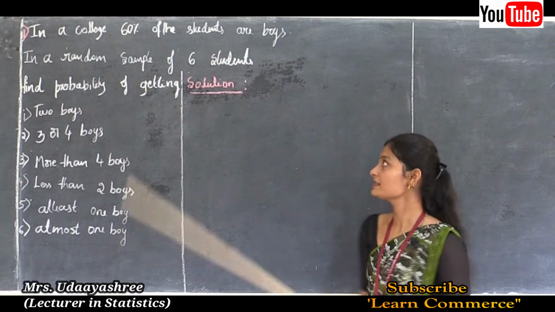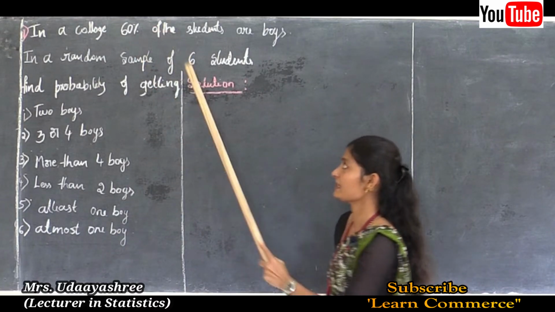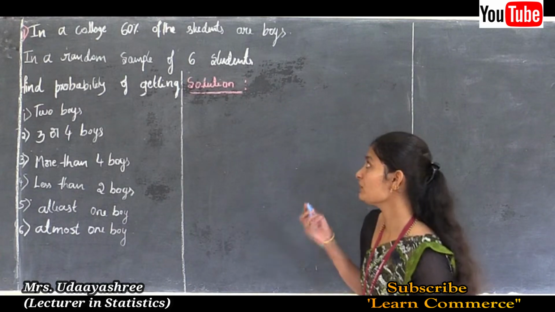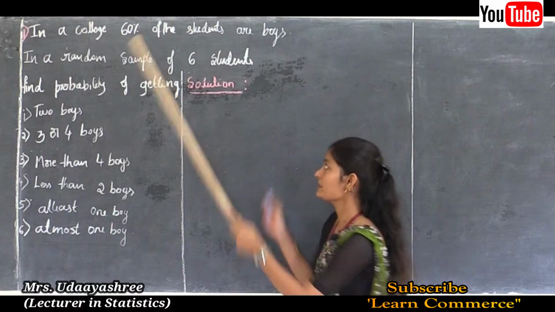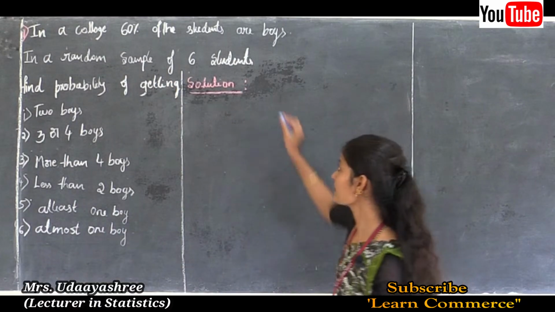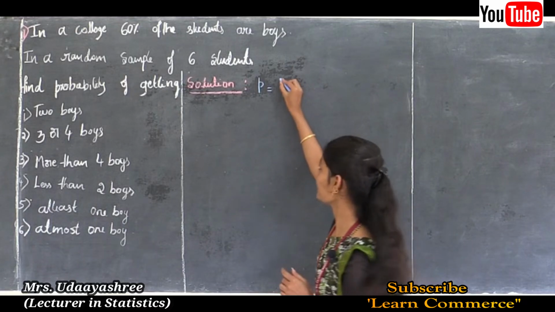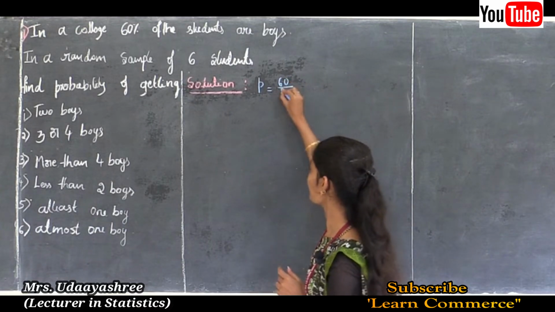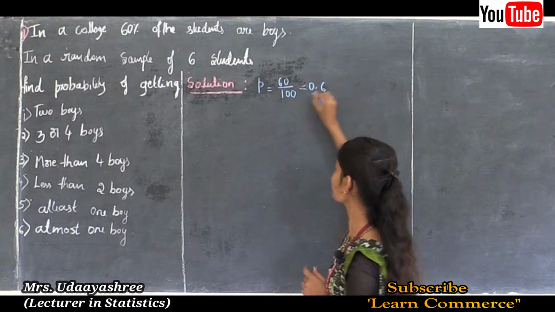Now see here, given there are 2 observations: 60% and 6. We know that percentage can be written in terms of probability. So, probability of success is denoted by p, and 60% we can write as 60 divided by 100, which is equal to 0.6.